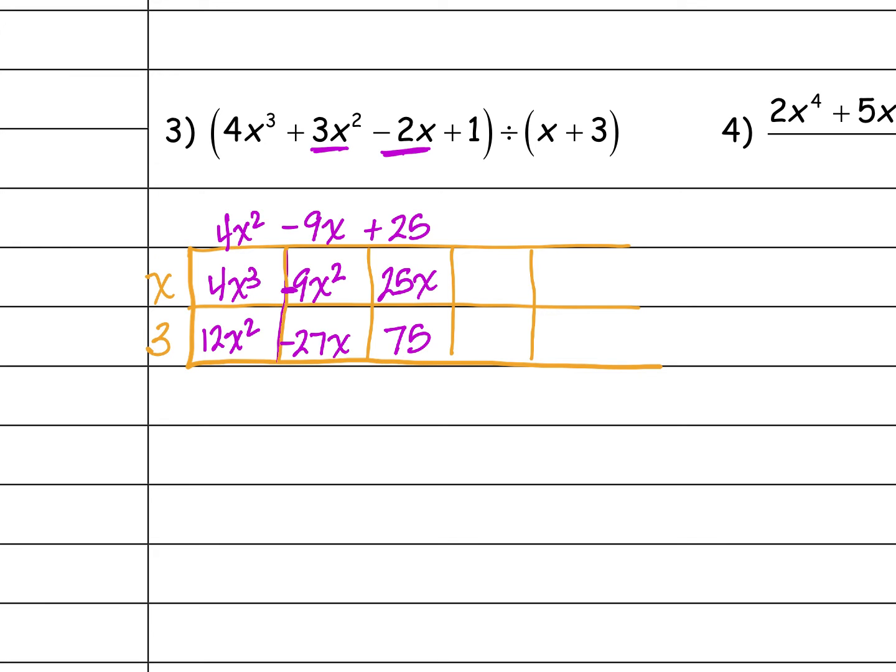And what do you add to 75 to get 1? Negative 74. And that's my answer. So it's going to be 4x squared minus 9x plus 25 minus 74 over x plus 3.